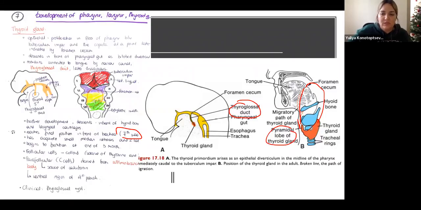As you know, it usually has just 2 lobes connected by the isthmus, but in some people there is a 3rd lobe coming from the isthmus up like this, the pyramidal lobe. And if you have it, it is a remnant of the thyroglossal duct. Okay, so this is half of the thyroglossal duct that didn't disappear, that stayed.